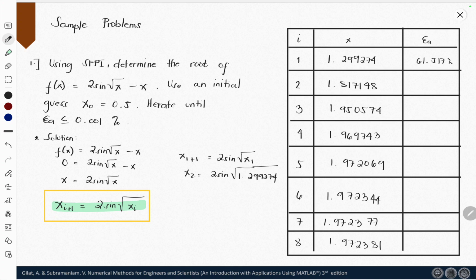Actually, I have already solved this problem. This problem has only 8 iterations. So let's see if we have solved the value of x properly.